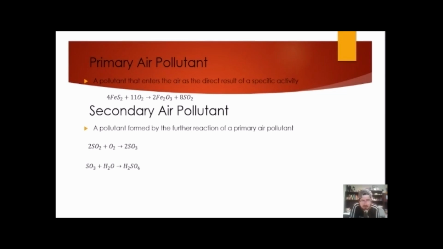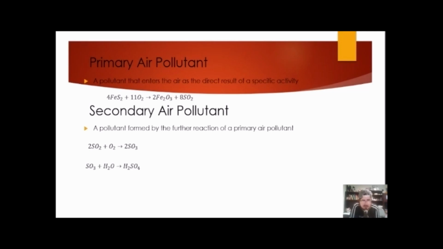Now, sulfur can undergo a variety of oxidation reactions. Sulfur dioxide can oxidize to sulfur trioxide, which is also a highly irritating gas at concentrations as low as 1 ppm. But this sulfur trioxide can also dissolve into water to form acid rain.